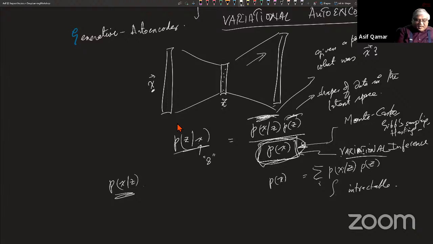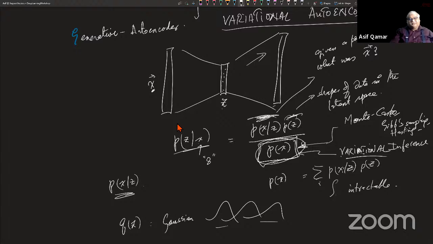So what you do is you take another distribution, some completely different distribution, which I know how to calculate. Let's say I'll make it out of bell curves, Gaussians, which is the typical thing you do. Lots of bell curves, and just decide where each bell curve is.